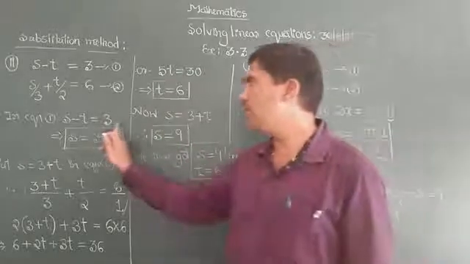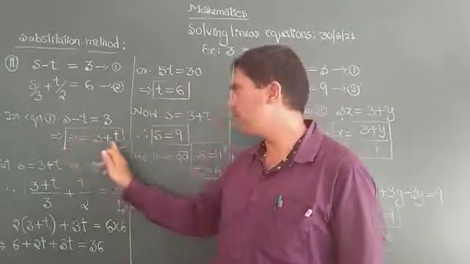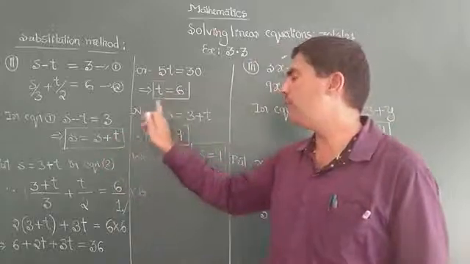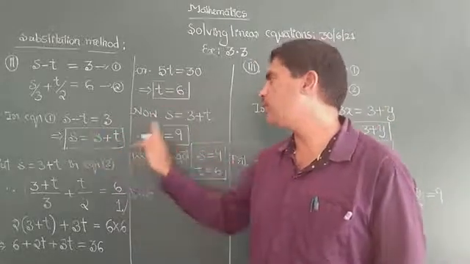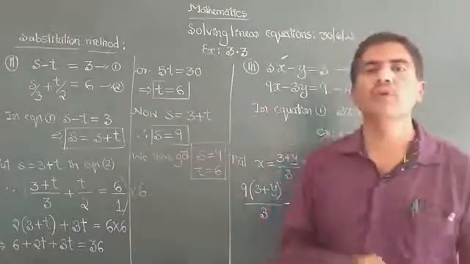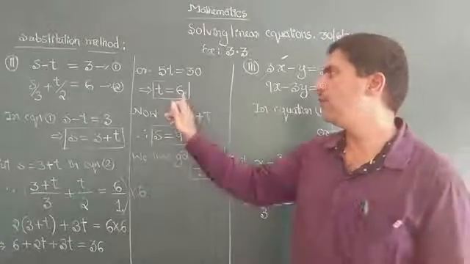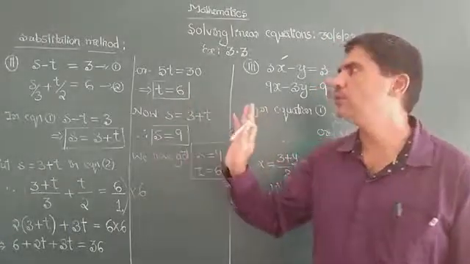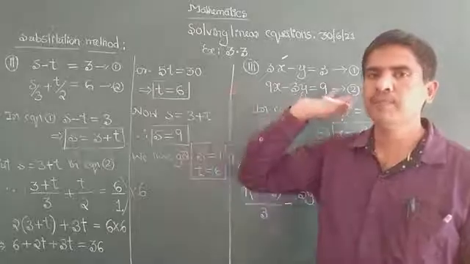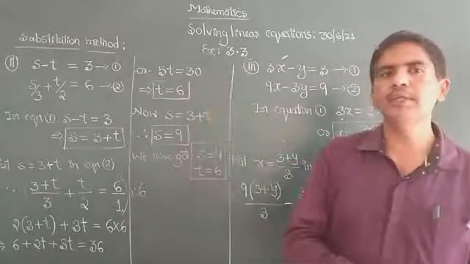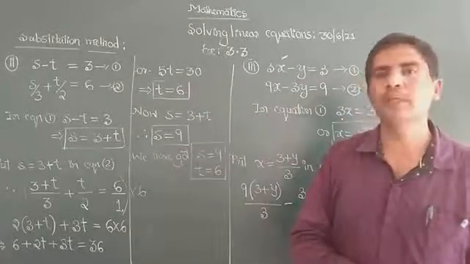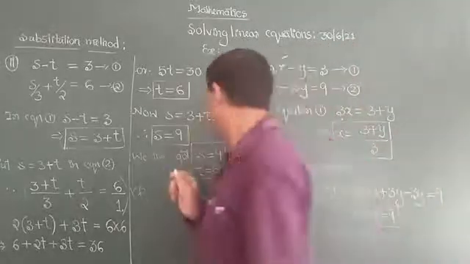So in the simple equation here s equal to 3 plus t, if I put value of t as 6, I get s equal to 9. So you got the values of t 6, s as 9. So you have solved the first pair of linear equations by substitution method. So go to second question.